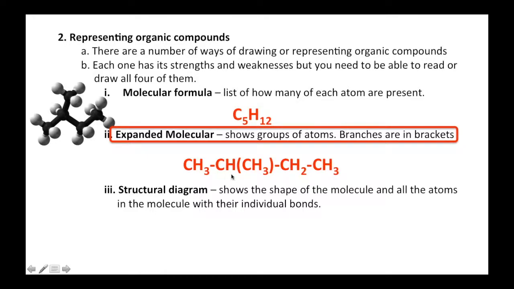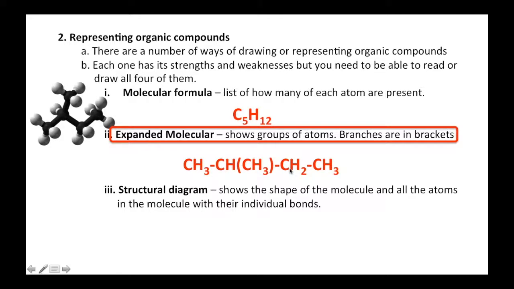And then CH has a branch coming off of it. 1, 2, 3, CH3. Now when there's a bracket, that tells me it's in a branch. And then I've connected to CH2, CH2, connected to CH3. There it is. Okay, so look at the difference. There's that, or there's this. Now actually I like this one for simplicity, but I like this because it shows me what it kind of looks like.